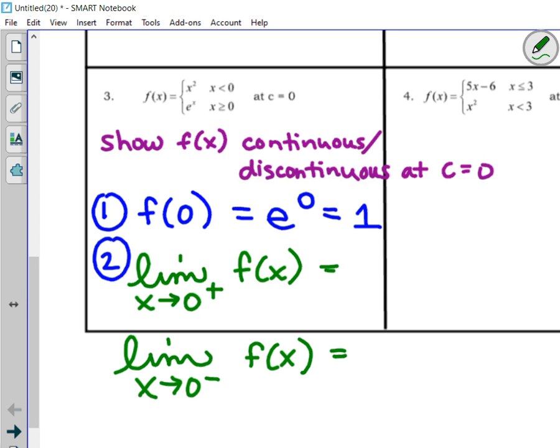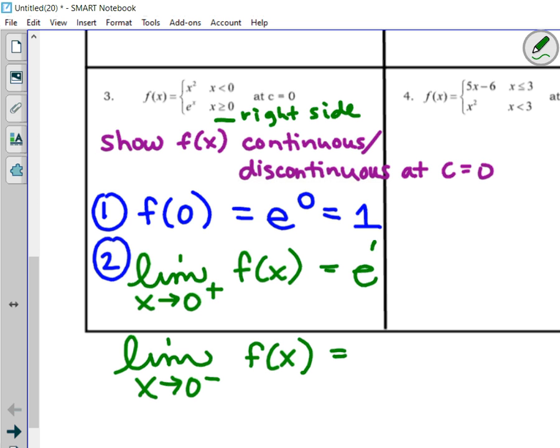So when I take the limit as x approaches 0 from the right, which of the definitions of this function is the right side definition, the x squared or the e to the x? Yeah, it's the e to the x, because this is x greater than or equal to 0. So that's the right side.